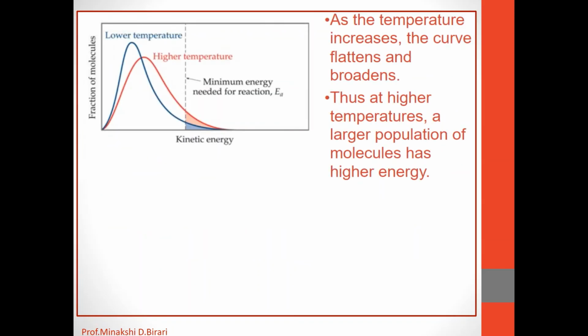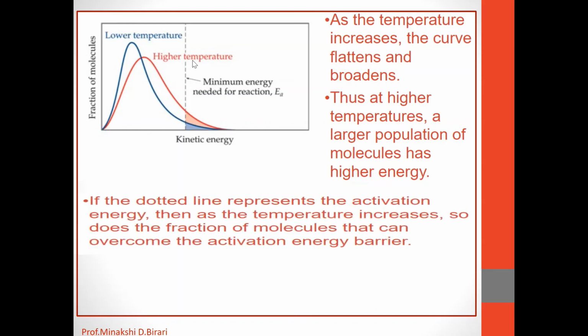As the temperature increases, the curve flattens and broadens. Thus, at higher temperatures, a large population of molecules has higher energy. If this dotted line represents the activation energy, then as the temperature increases, so does the fraction of molecules that can overcome the activation energy barrier.